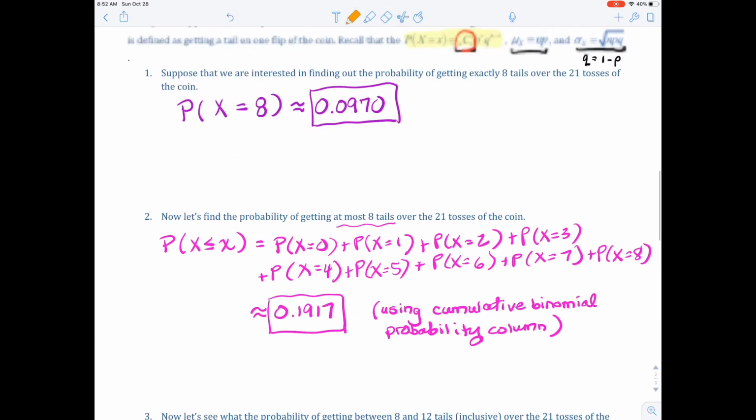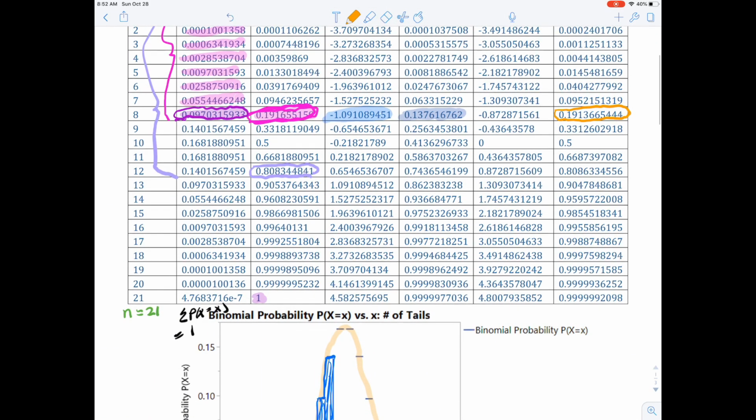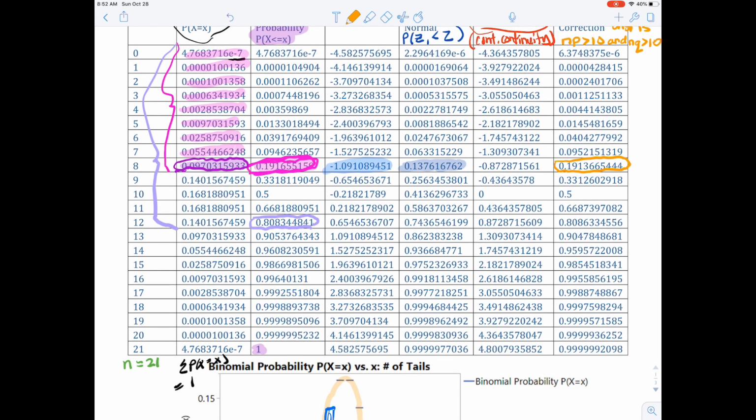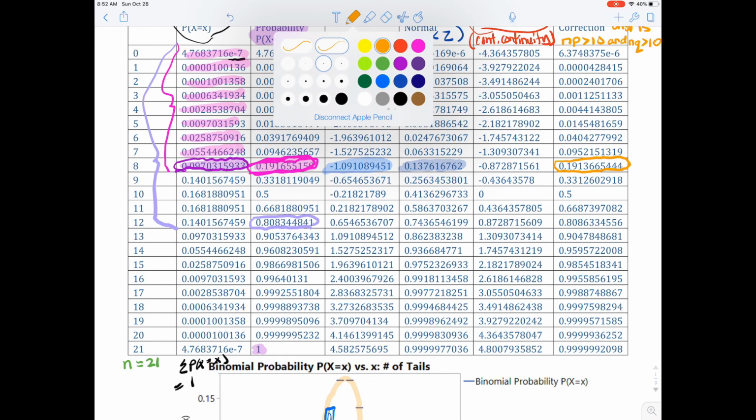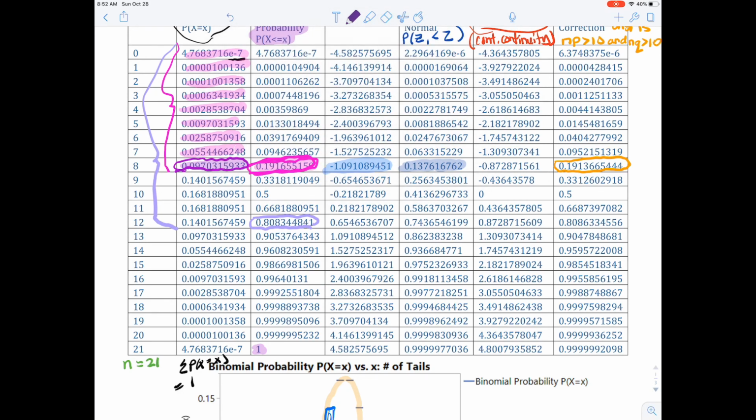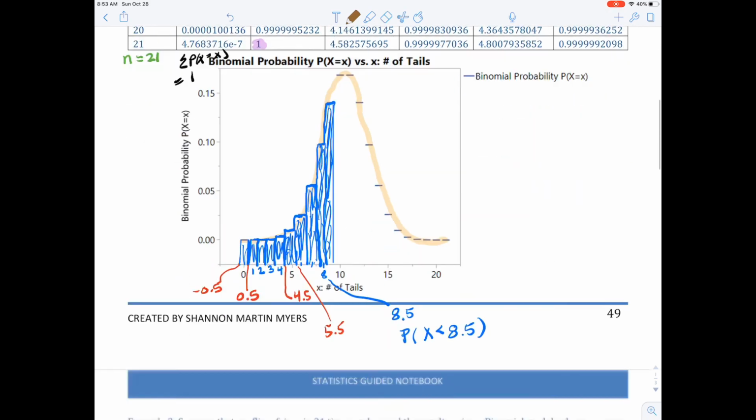And then the other one was, or no, that was the associated area. The other z-score in turn was approximately 0.87, right? So positive 0.87.